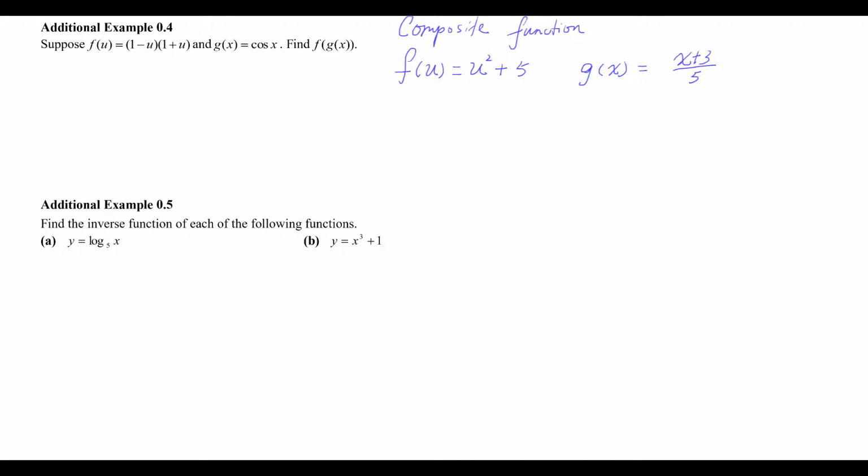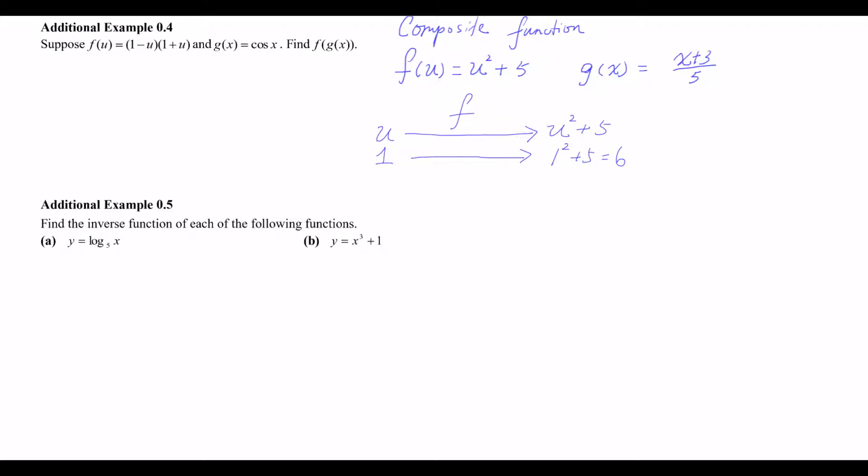So if you start with u, after this function f, it becomes u squared plus 5. If we take a particular value as the input, for example u is 1, after f it becomes 1 squared plus 5, which is 6.